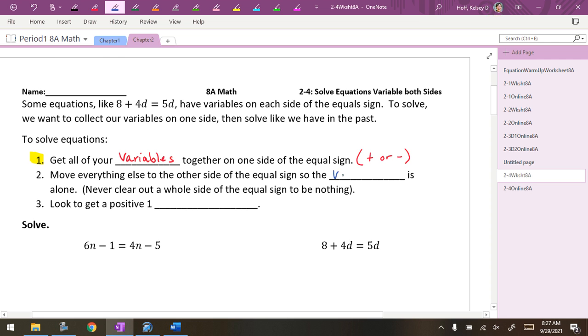So the variable is alone. But we never want to clear out the whole side. Again, we're going to use addition or subtraction.